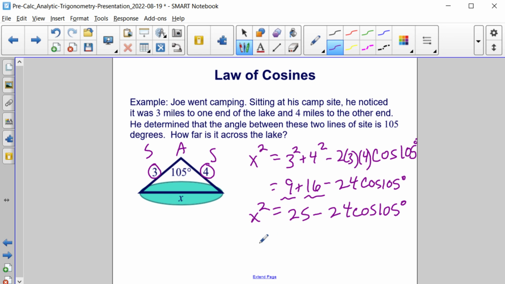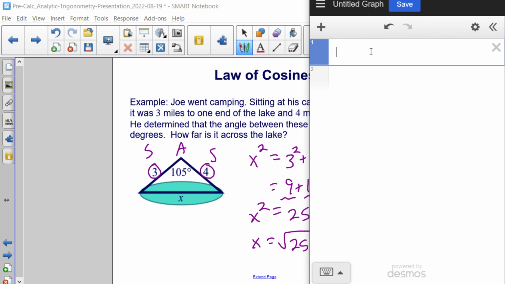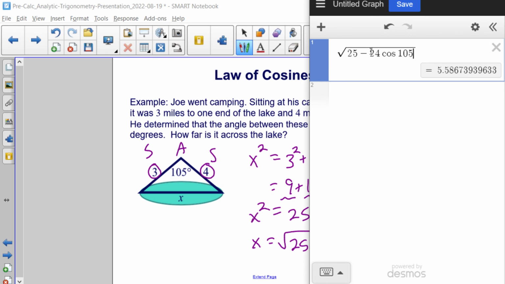If we solve this for x, we're going to square root both sides. So therefore, x will equal the square root of 25 minus 24 times the cosine of 105 degrees. So if we switch over to our calculator and have it evaluate the square root of 25 minus 24 times the cosine of 105 degrees, we end up getting about 5 and 59/100ths.